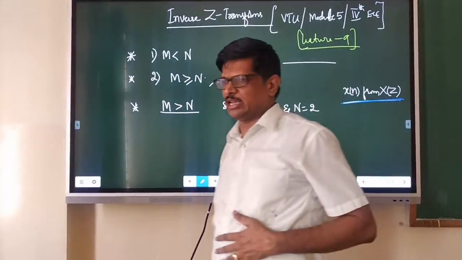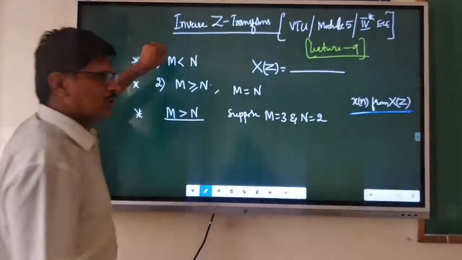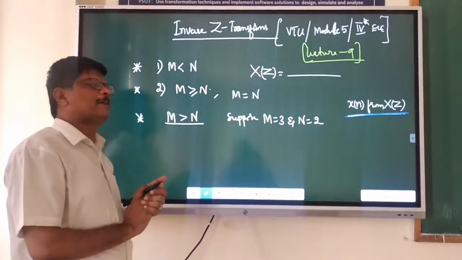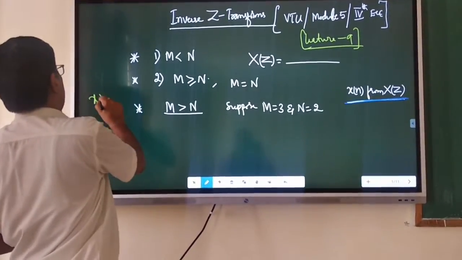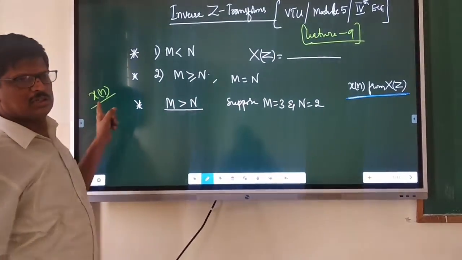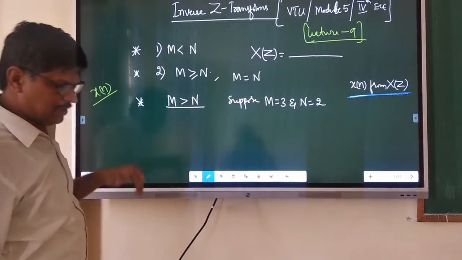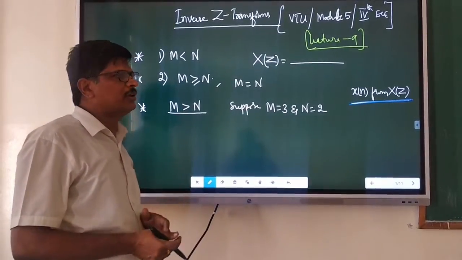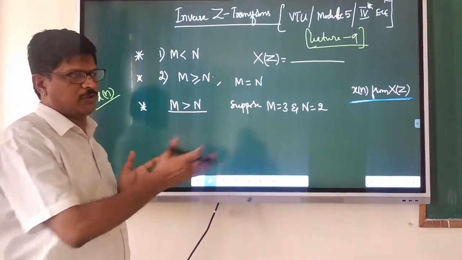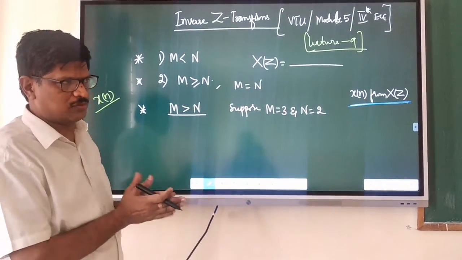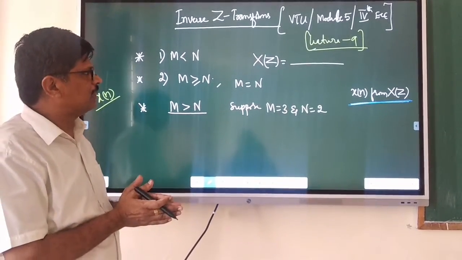In all my previous sessions, we discussed the Z transform of any input sequence, that is a time domain, discrete time sequence, and its applications, and how the Z transform is different from Fourier and Laplace transforms.